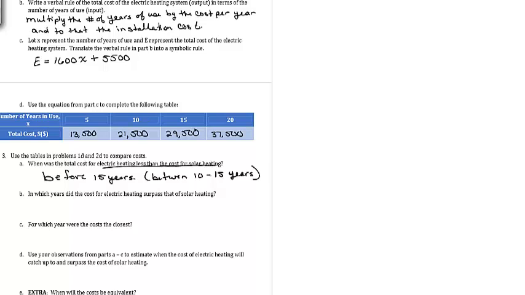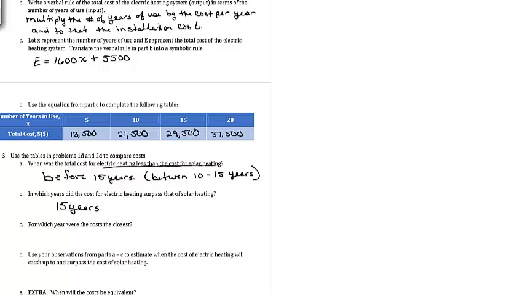In which years did the cost for the electrical heating surpass that of the solar heating? And so that's 15 years. So after the 15 years, then the electrical is more than the solar.